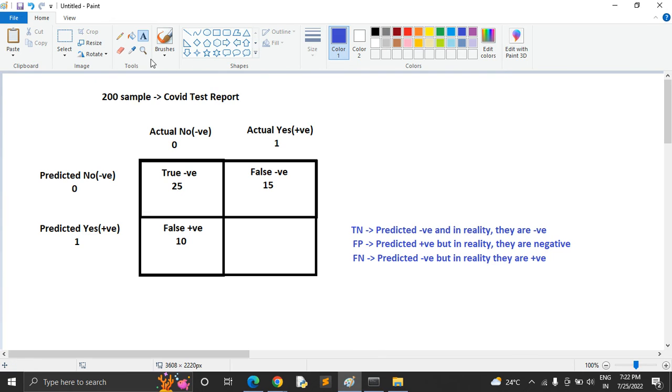All right. Now we have the last situation, where the people are actually positive, and your model also says that yes, they are positive, right?